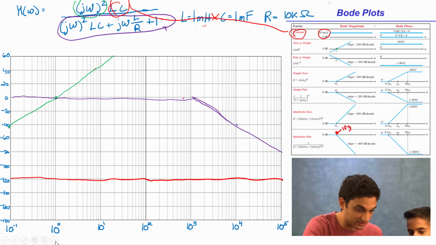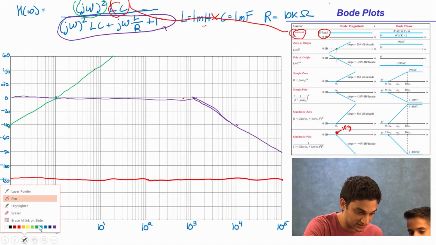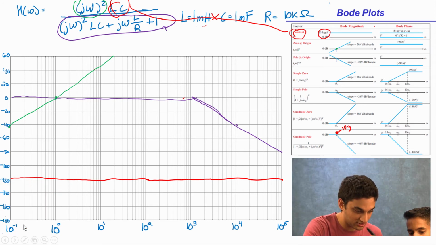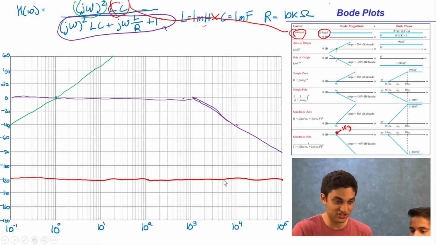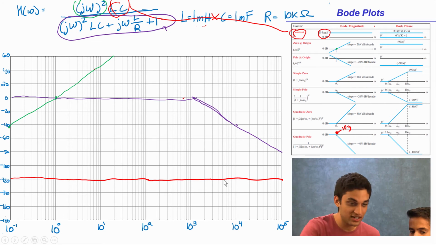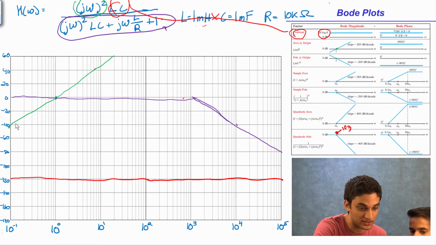So let's change colors again to yellow. I wonder if you can see yellow. Let me go orange. So this is sort of like your baseline, which you're just going to consider as your starting point. And as you can see here, you're going down at minus 40, so we add that to this.